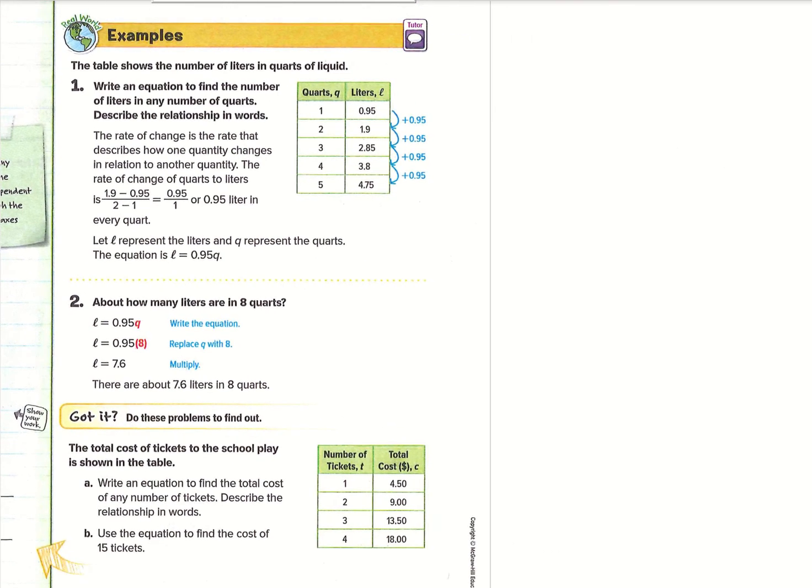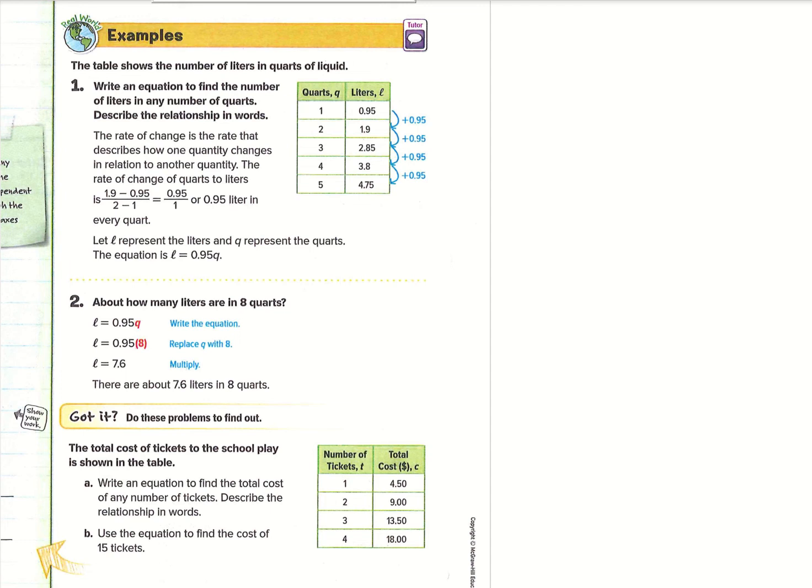Example 1 is looking at the number of liters in quarts. Number 1 says, write an equation to find the number of liters in any number of quarts. Describe the relationship in words.